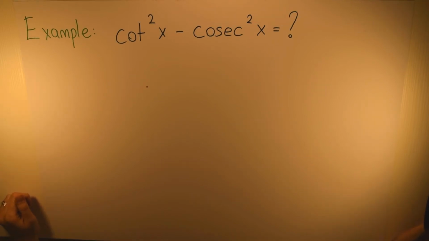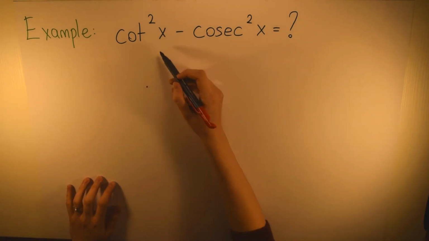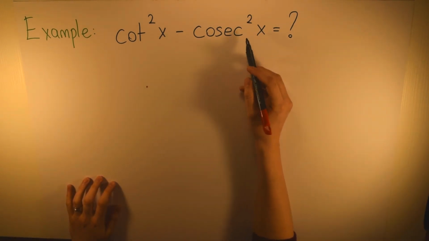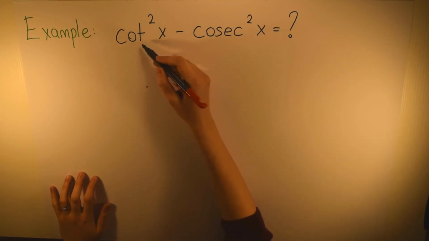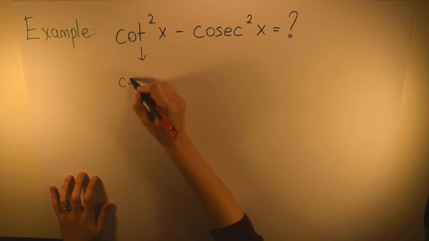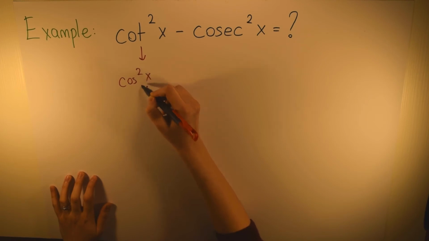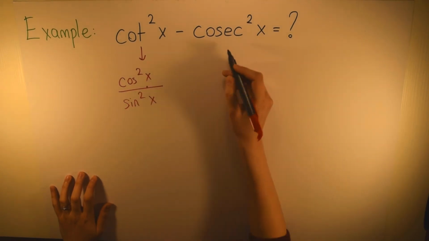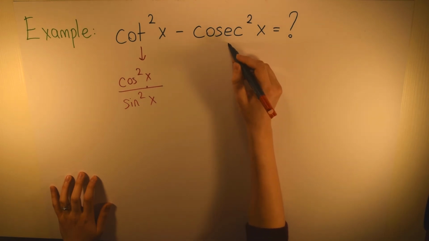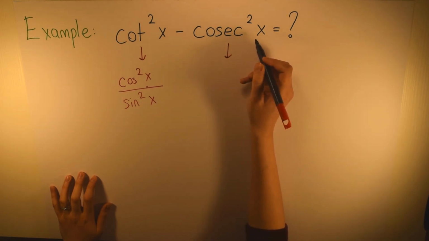Let's continue with this example. Here we have cotangent square x minus cosecant square x asked. So let's write them: for cotangent square x, we can write this as cosine square x over sine square x, right? What is the cosecant x? It's equal to 1 over sine x, right?